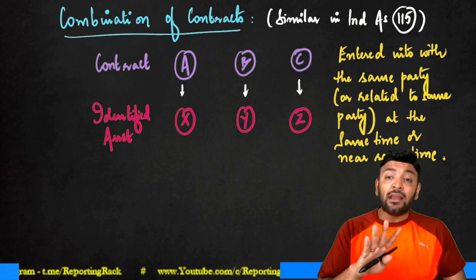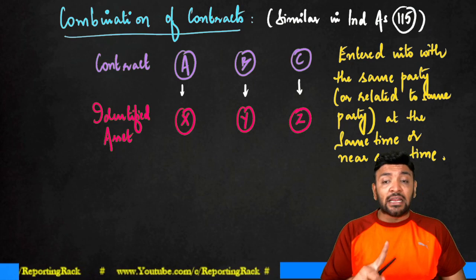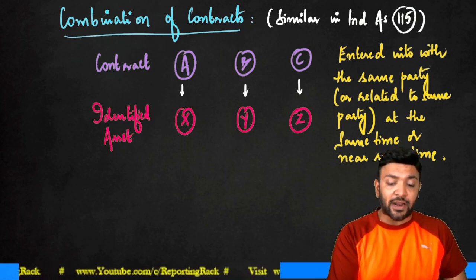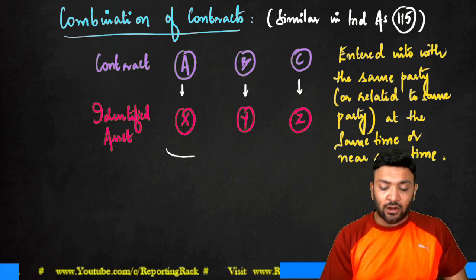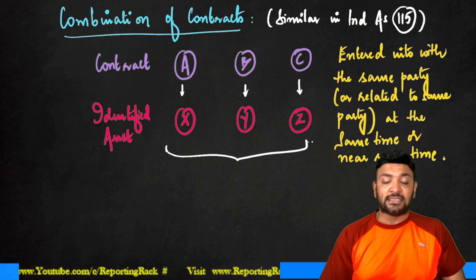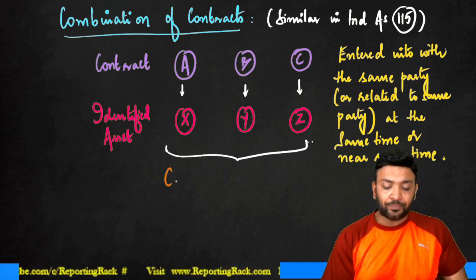They can be combined if they are entered into at the same time or near the same time with the same party or a related person to the same party. These three contracts for identified assets X, Y, and Z can be combined.